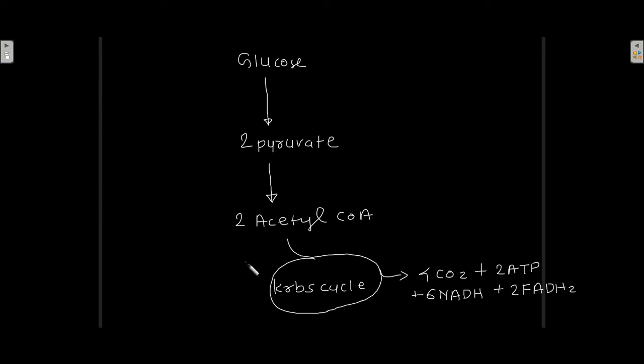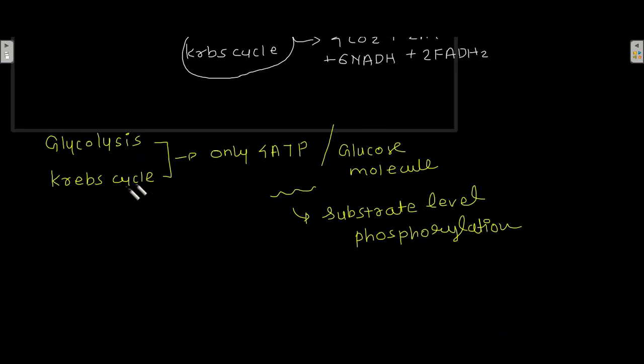Now glycolysis and the Krebs cycle, both of them are producing only 4 ATP molecules per glucose molecule by substrate level phosphorylation. Okay, a glucose molecule results in the formation of 4 ATP by glycolysis and the Krebs cycle.